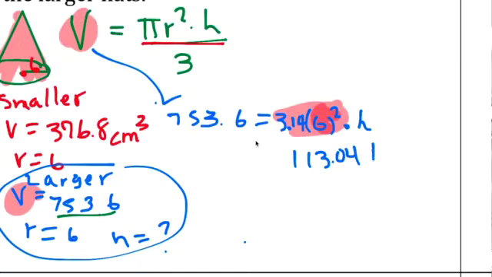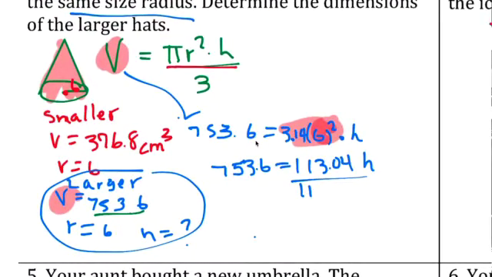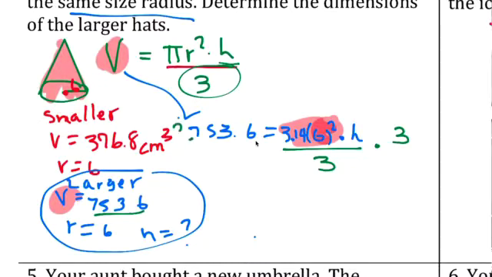h equals 753.6. Divide both sides. Oh, hold on, I forgot to put divided by 3. Sorry. The division by 3 needs to be here, so I need to get rid of that 3 by multiplying by 3.